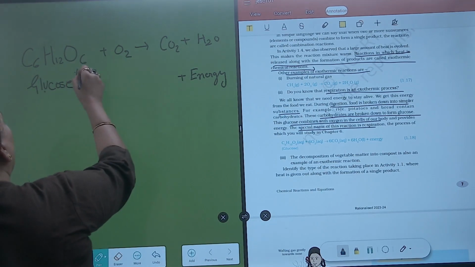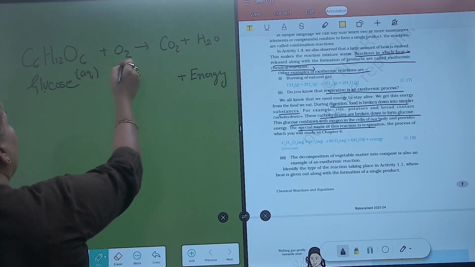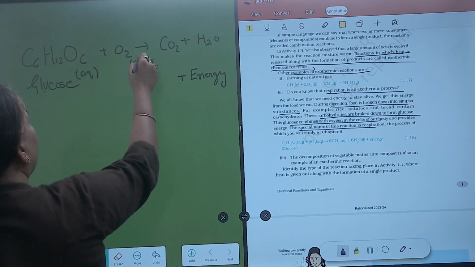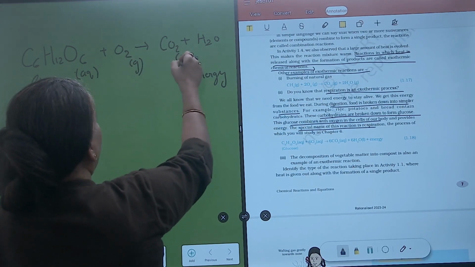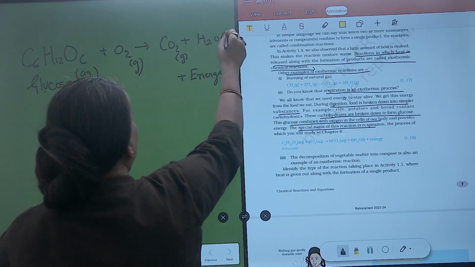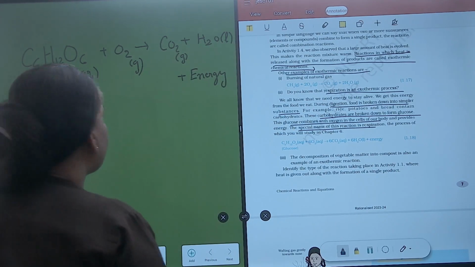Again, glucose is in aqueous form, oxygen is gas, carbon dioxide is gas, and water is liquid.